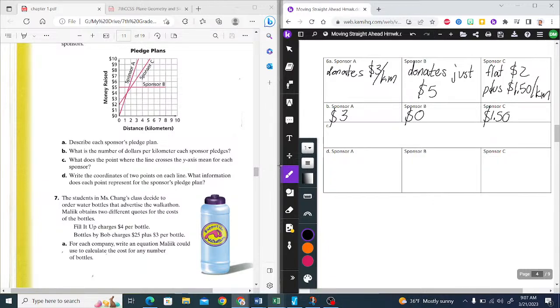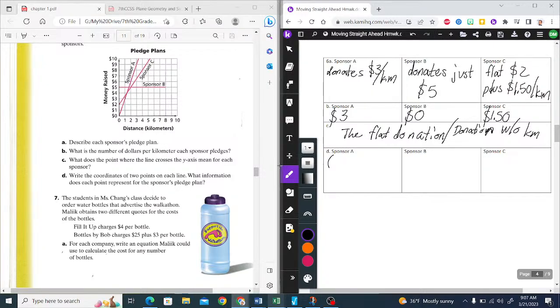So letter C, what does the point where the line crosses the y-axis mean for each sponsor? The flat donation, or donation without kilometers. Write the coordinates of 2 points on each line.